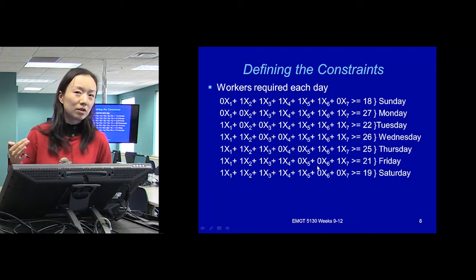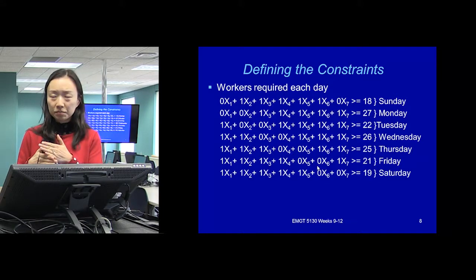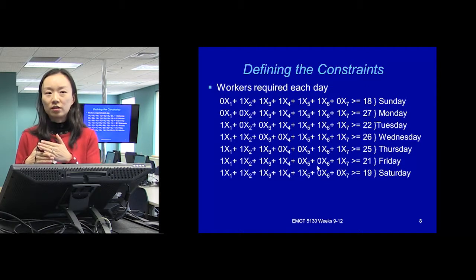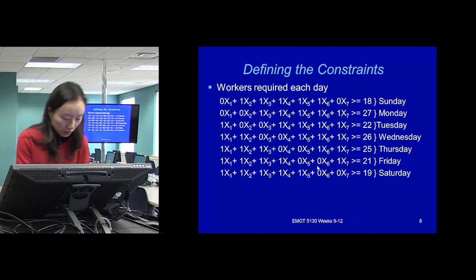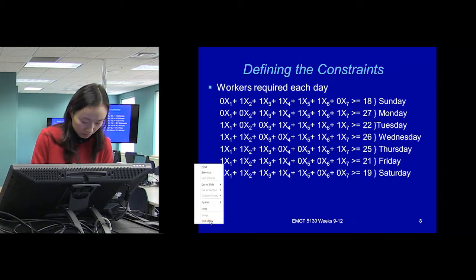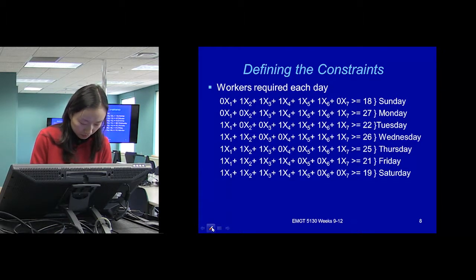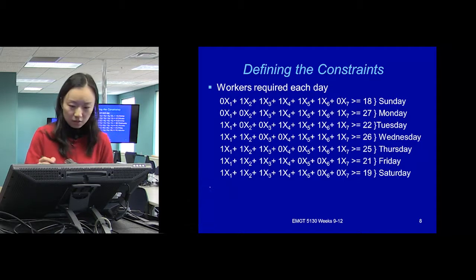Sometimes without integer constraints, you may be able to find more feasible solutions. But with integer constraints, the feasible region is dramatically shrunk. Maybe I'll just draw a little graph here.